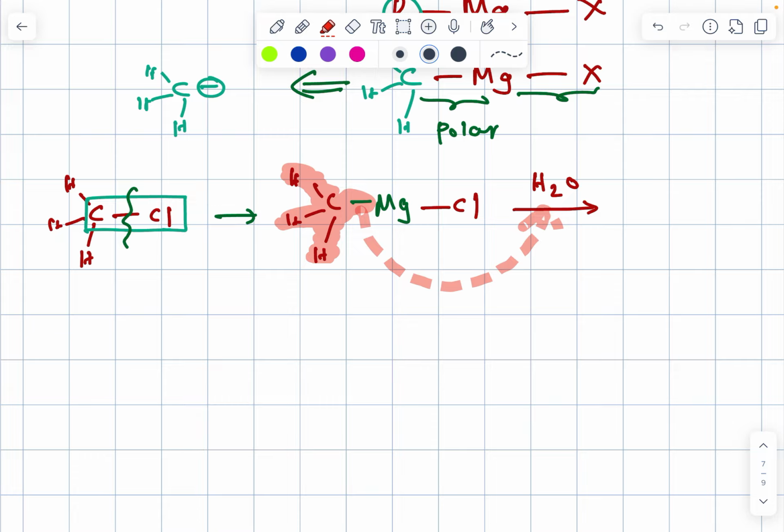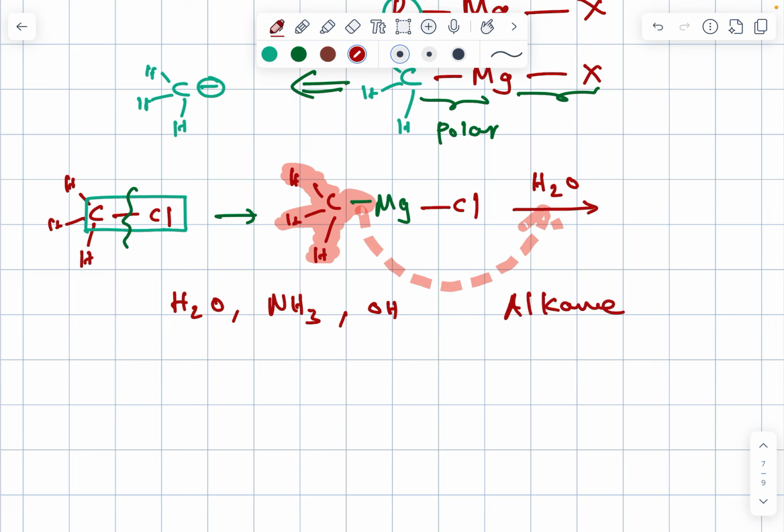If you take the Grignard reagent and treat it with any source of proton, like water, ammonia or alcohol, it will immediately give the hydrocarbon derivative, which means the alkane.